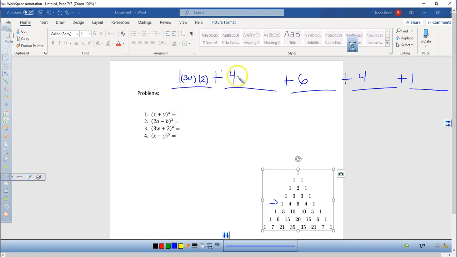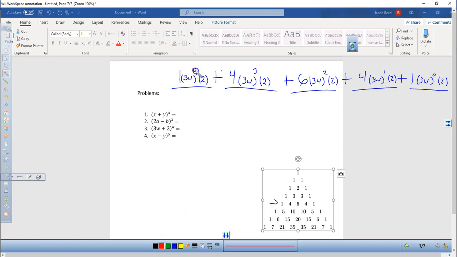So 3W and the number 2. Okay. And just as we've done every single time, we start with the number 4 and work our way down.